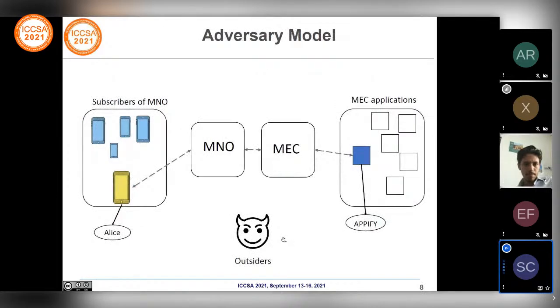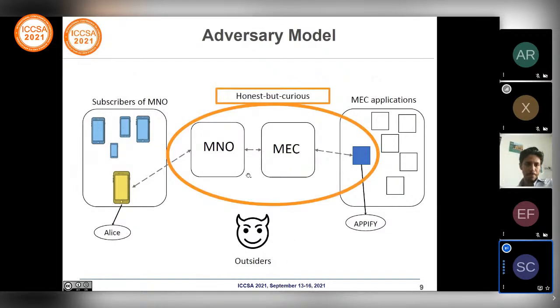Then we defined the adversary model for this system model. First, for the MNO, MEC, and MEC application, they are honest but curious entities, because they are doing a business, so they need to be a trustful business to continue their jobs.